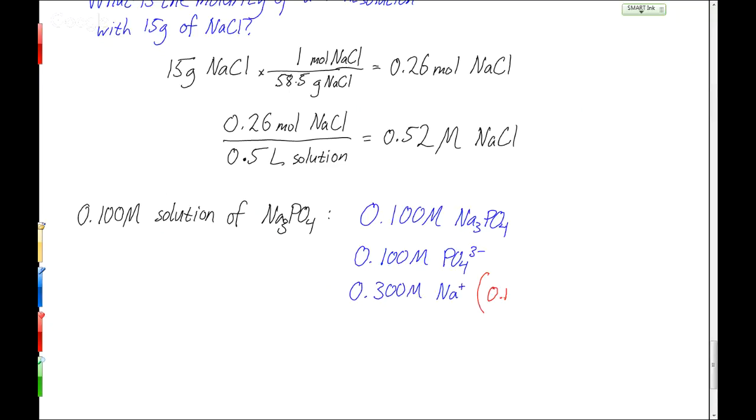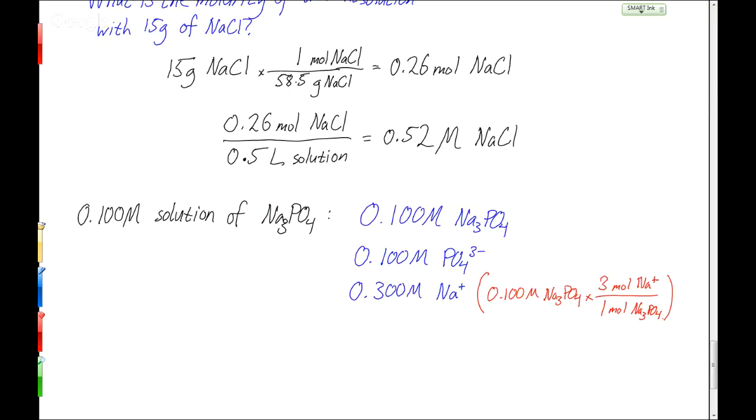So to do that, we have to take the total and realize that there are 3 moles of sodium ions, because of that little subscript 3, for every 1 mole of Na3PO4.